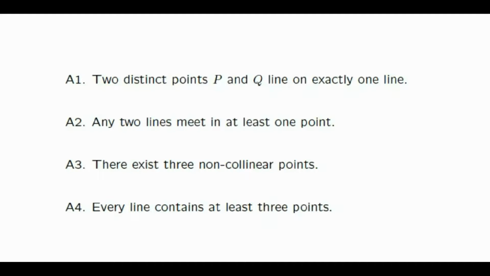I'm not 100% sure, but basically the axioms are like this. Two distinct points lie on precisely one line. Given any two points, there's just one line that goes through those. Given any two lines, those lines meet at exactly one point.